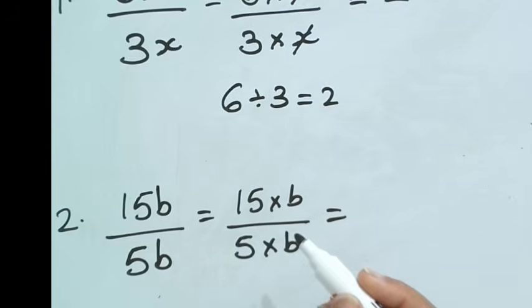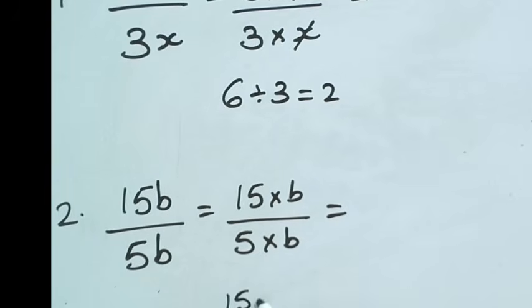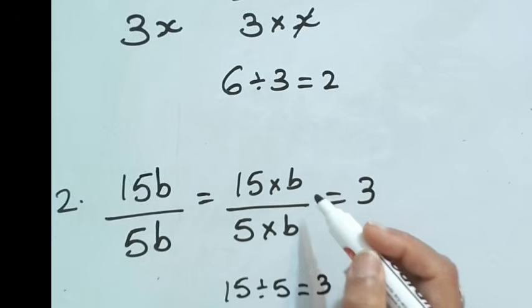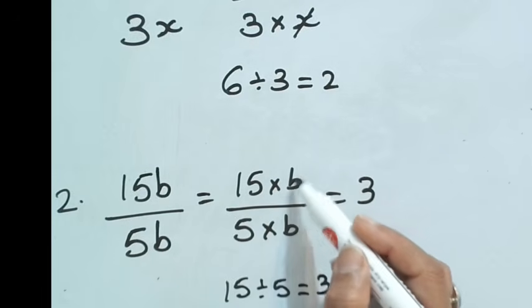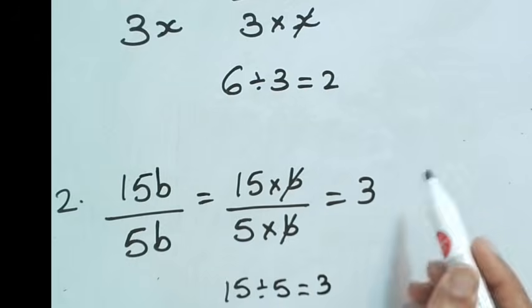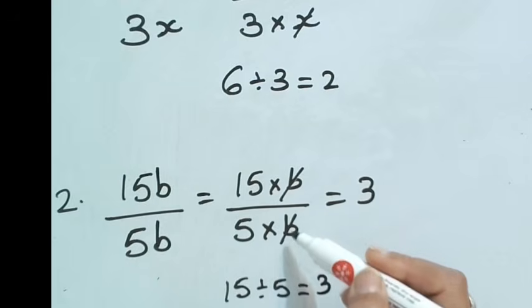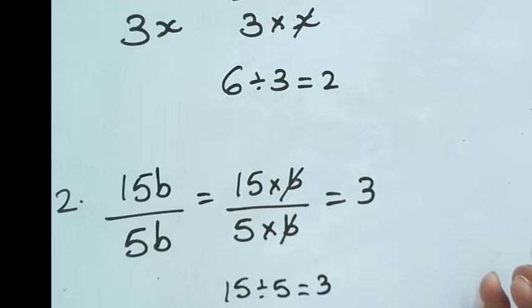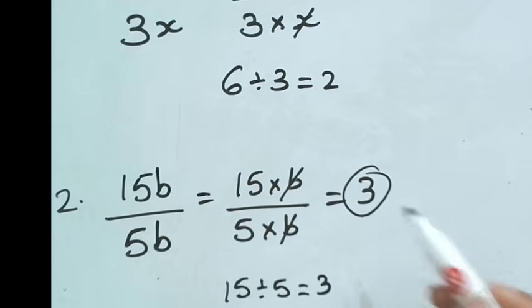When you divide 15 by 5, how many 5 can make 15 is 3. You write the 3. Use the cancellation rule. So cancel b at the top, cancel b at the bottom. So you have cancelled in pair. You are not left with anything because b divided by b is 1, nothing. So your answer will be 3. So that's your final answer.